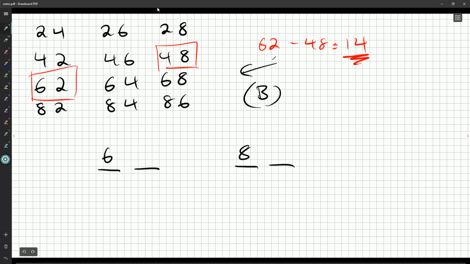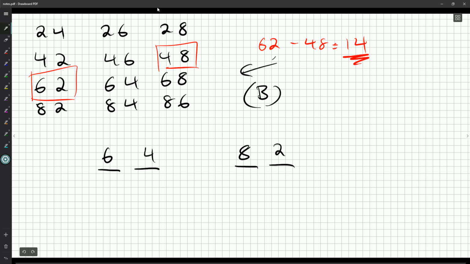Okay? And even this reasoning here can narrow things down a little bit for me. Now, if I've got the 6 and the 8, well, what's left over? I need to use the 4 and the 2. Should the 4 go over here and the 2 go over here? Well, no, because you're going to have a bigger difference than you would if you put the 4 over here and the 2 over here.